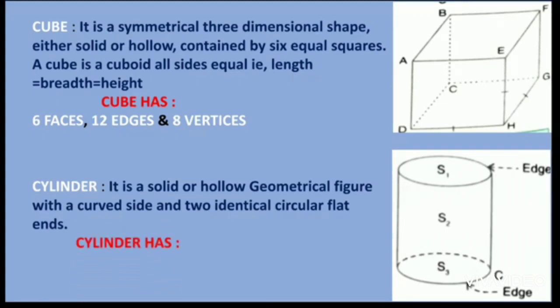A cylinder has no vertex, it has no corners, it has 2 edges, you can see the picture, and has 3 faces, S1, S2, and S3. The round S1 and S3 are the 2 faces, and the curved part is S2, which is the third face. So it has 3 faces.